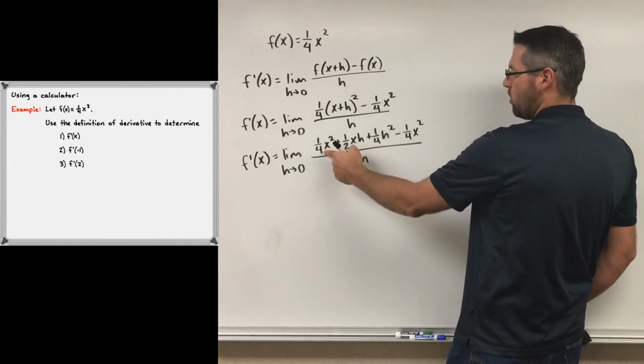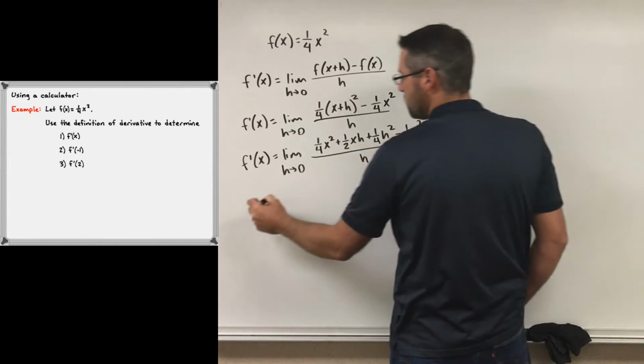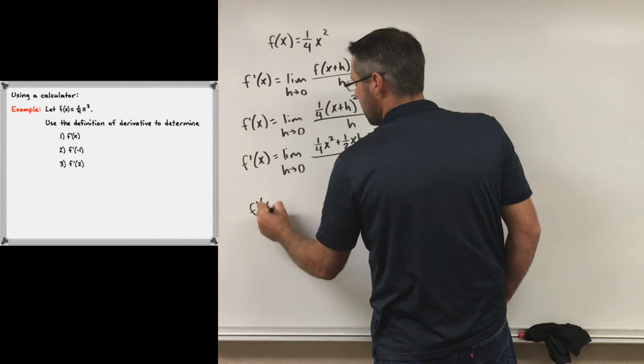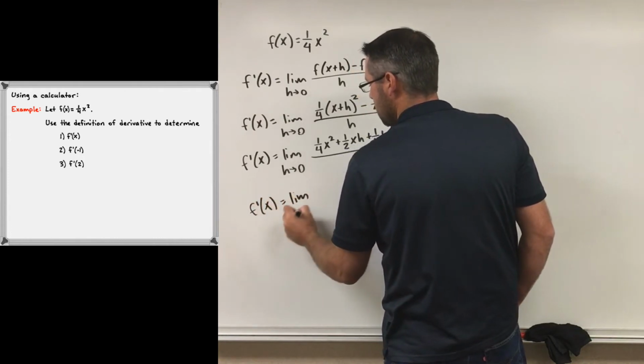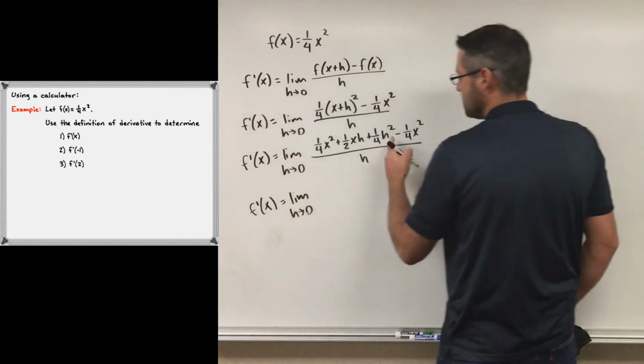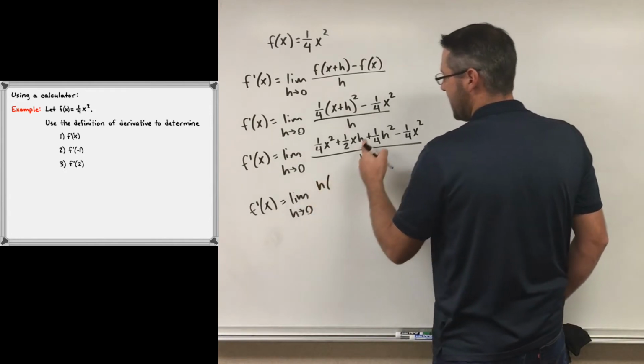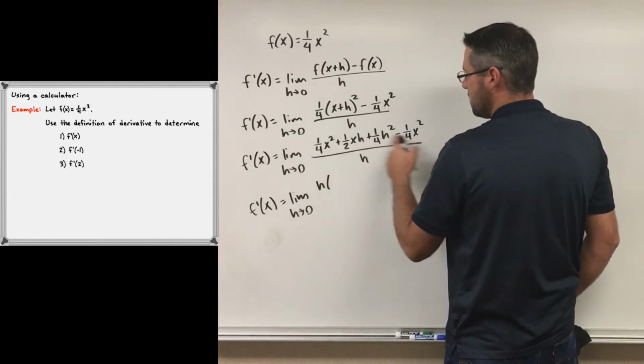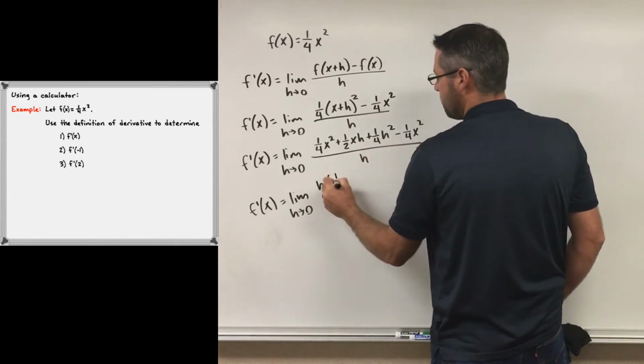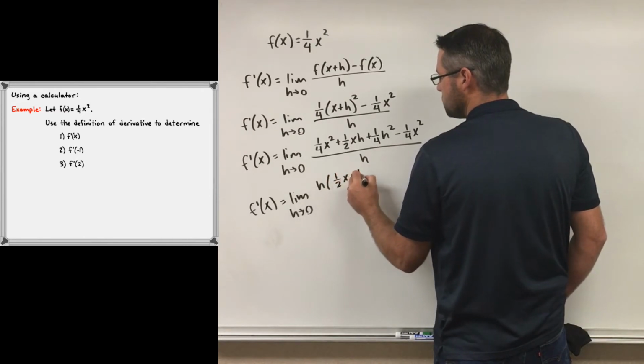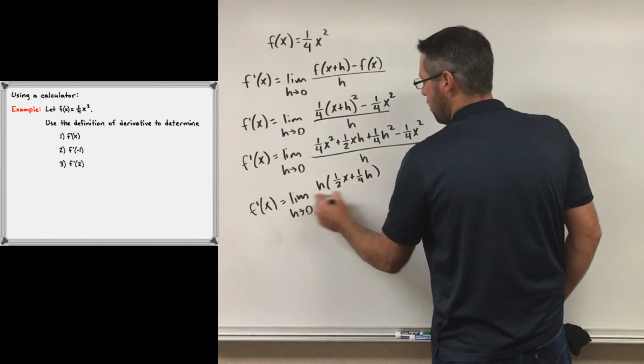We can see that the 1/4 x squared and the negative 1/4 x squared are going to cancel out. And we can also see that the remainder has a common factor of h. So I'm going to go ahead and take that out right now. We're left with 1/2 x plus 1/4 h all over h.